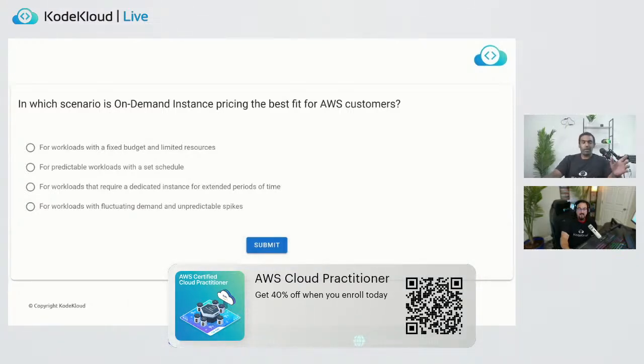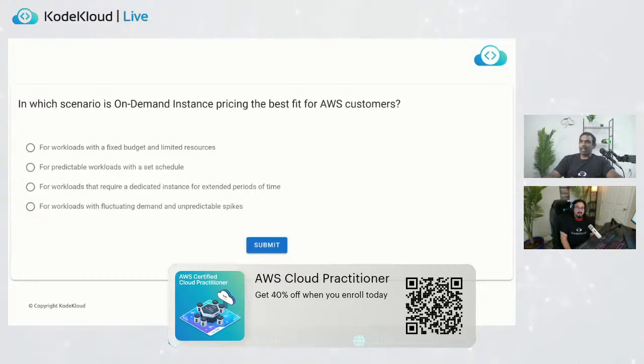All right. Looks like some of you are looking at option D. And so, if we go through the options, especially when it comes to on demand, that's really for being able to spin something up on demand and then being able to shut it down when you need to. If you take a look at the first answer, for workloads with a fixed budget and limited resources, that doesn't sound correct. For predictable workloads with the set schedule, usually you wouldn't need to utilize on-demand features, because if it's predictable, then you would want to go with one of the more cost-effective plans where you can have it running for a longer set period of time.